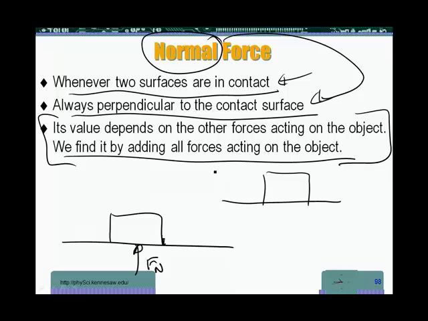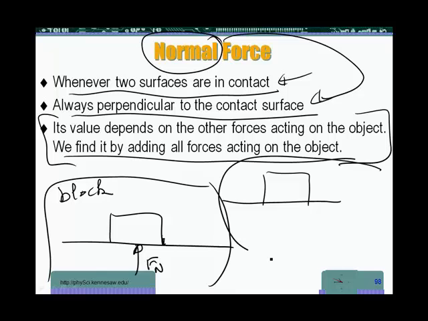Here I was focusing on the block. Here I'm going to focus on the floor. Now, is there a normal force acting on the floor? Absolutely. The normal force acting on the floor is going to look like this, pushing down on the floor.